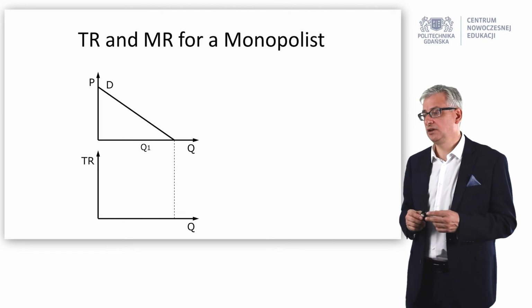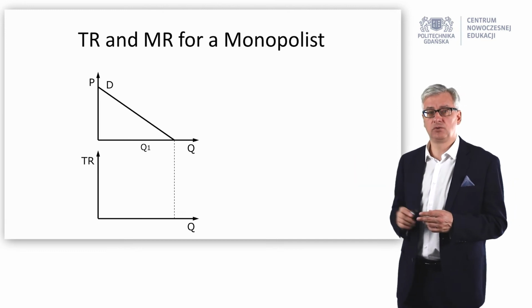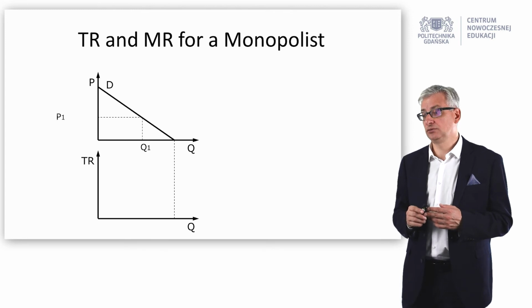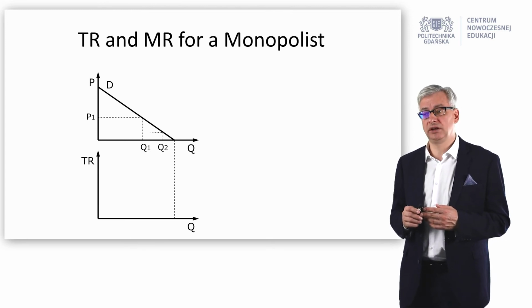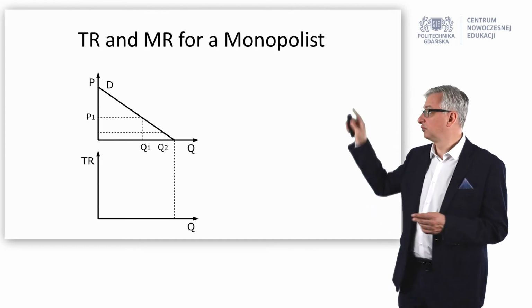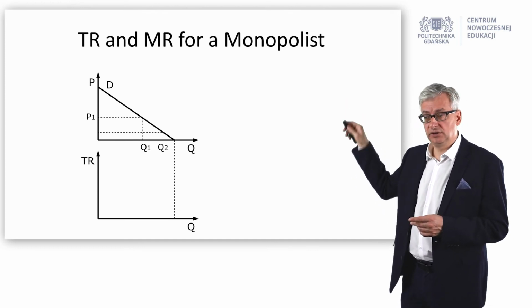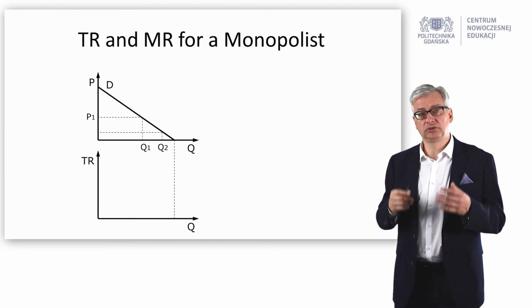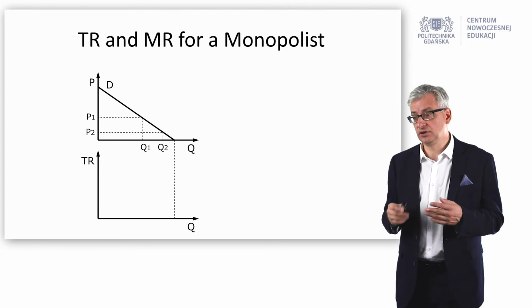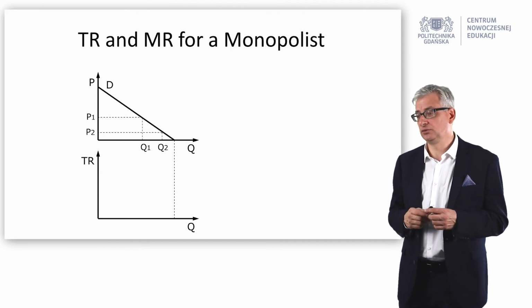And then you can see we find a certain quantity here and the corresponding price. And we've got another quantity and the corresponding price. We already know that those rectangles that you can see represent total revenue for each level of production or for each price that you see.